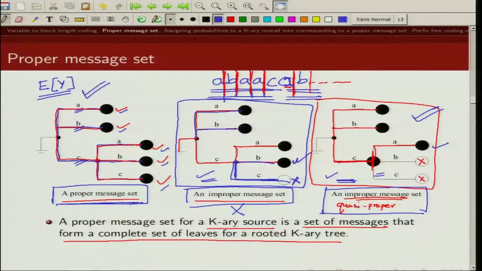Whereas for a quasi-proper message set, we do not know an algorithm to find a code which will maximize the expected value of y. So in this lecture, we are going to concentrate only on proper message sets. How do we design a source parser using a proper message set such that our expected value of y is maximized?